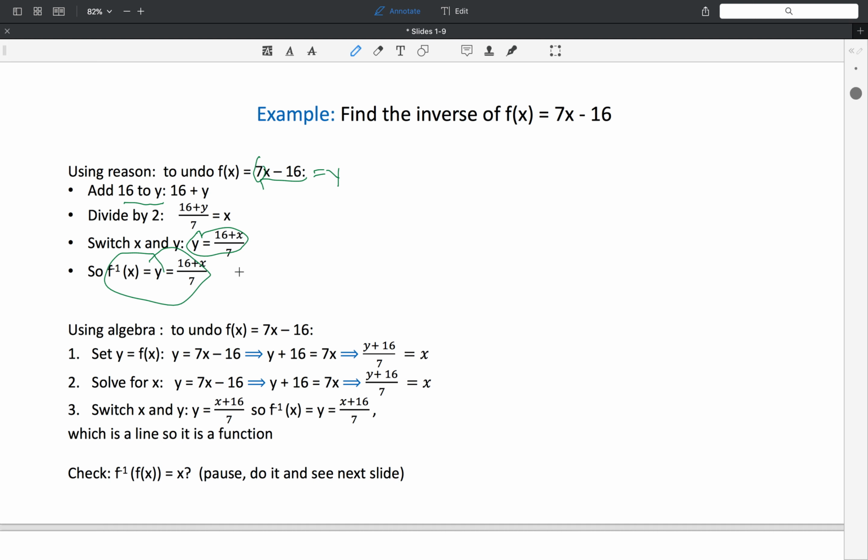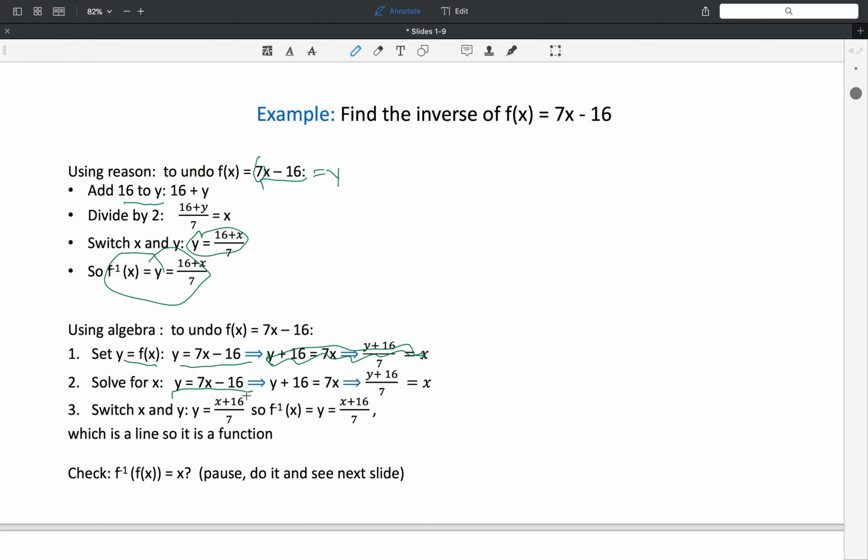Now I think that's right, but let's see if I get the same answer. So I'm going to use algebra to do it. So the algebra, remember I set y equal to f of x, so I set y equal to this. And then I'm going to solve for x.